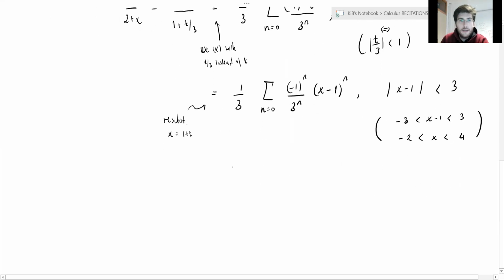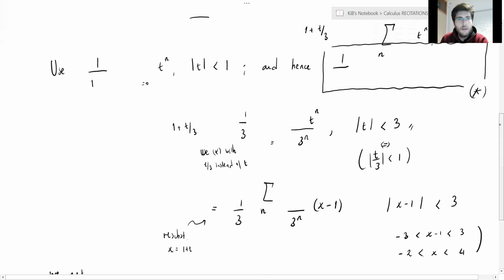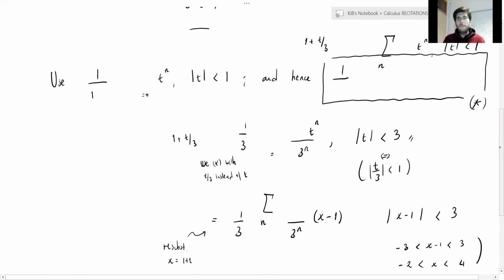Okay, so at the end of the day, we get the following Taylor series representation: 1 over 2 plus x has the following Taylor series representation around x0 equals 1. If this was around x equals 0, this would be the Maclaurin series, right? But what's happening? Oh, what's going on?